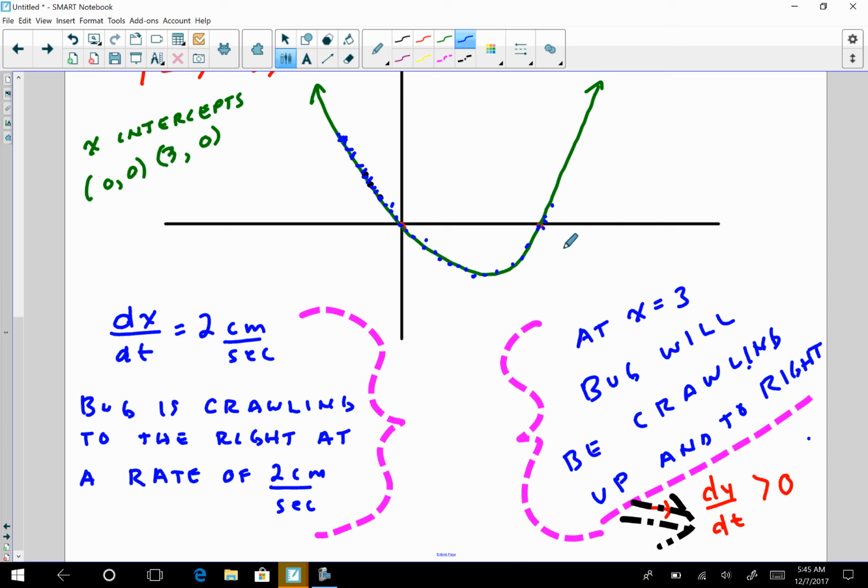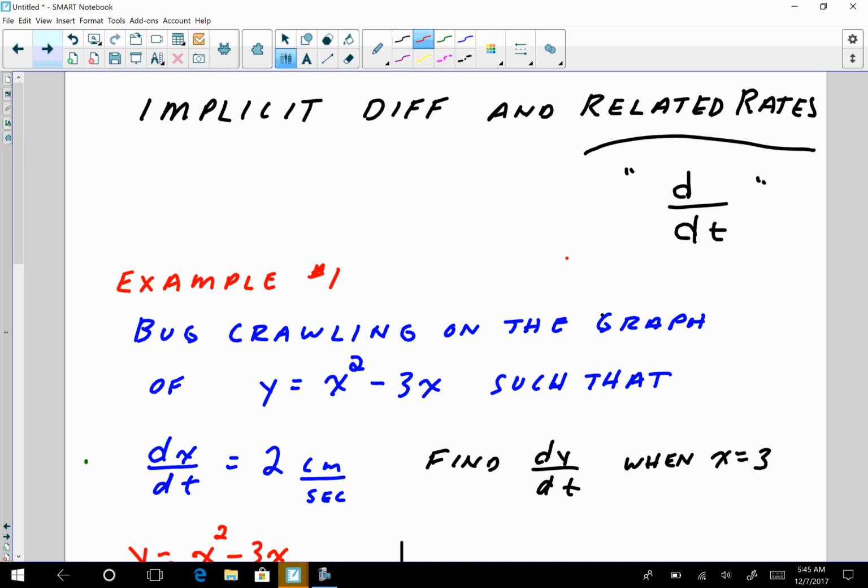To the right is the 2 centimeters, that's how fast he's going to the right, and what we want is the rate he's moving up. So let's get to the analytical work, since we had a little graphical explanation.